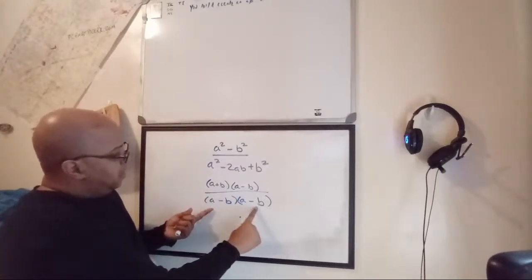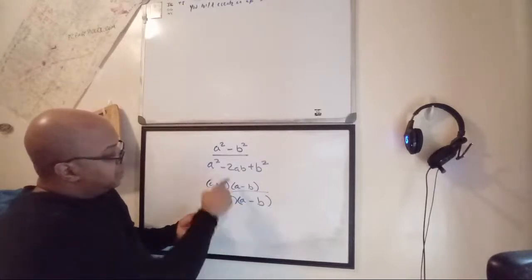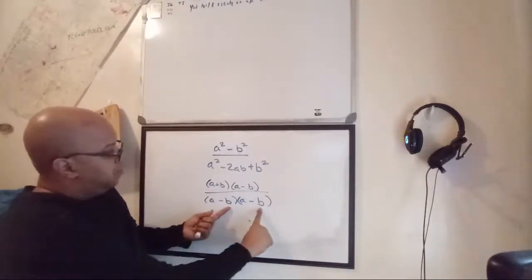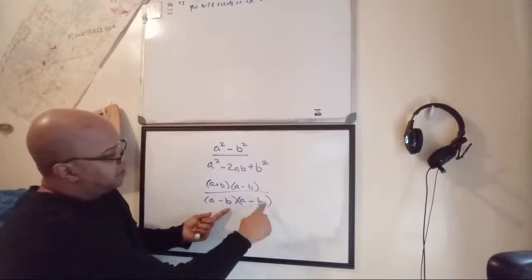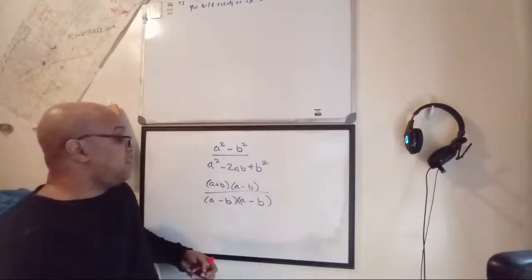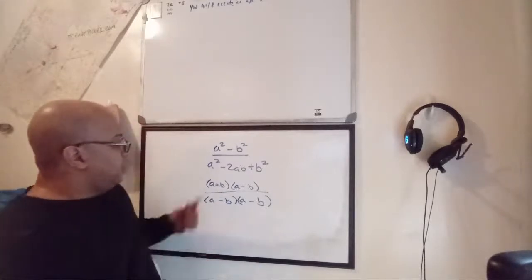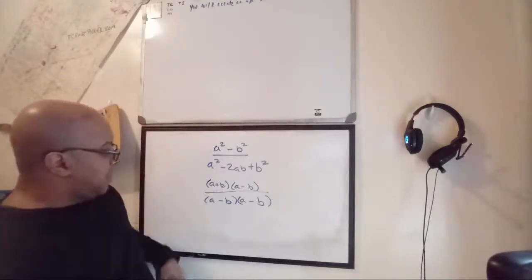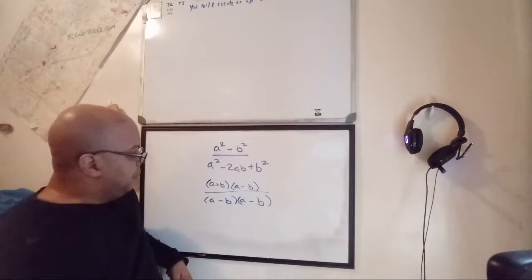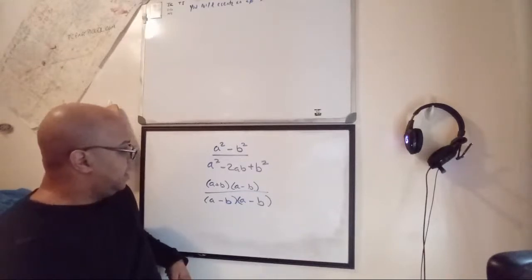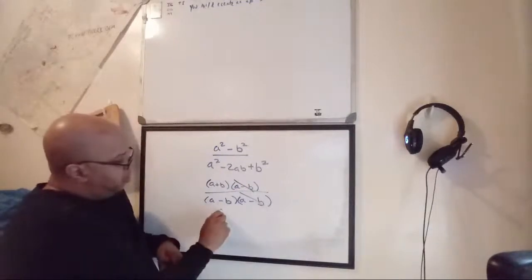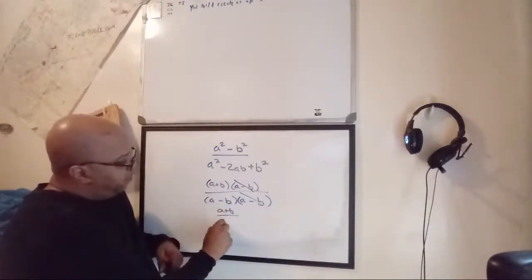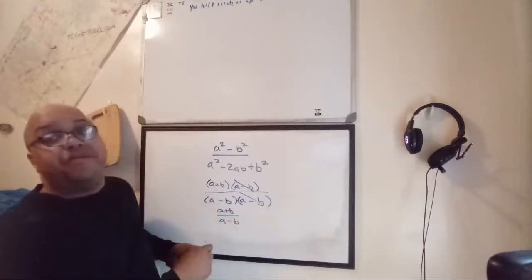Negative ab and negative ab is actually negative 2ab. And when we multiply the last terms, negative b times negative b gives us a positive b squared. So now we ask what's up top and what's on the bottom to make this cancel out? It is a minus b. So boom, slash, slash, and our final answer is a plus b over a minus b.